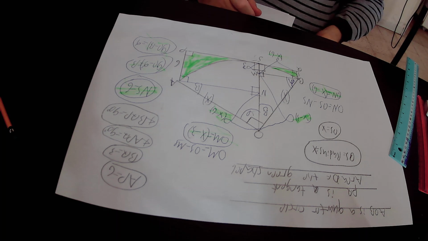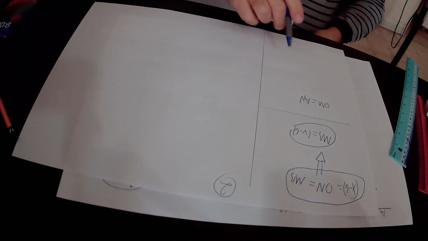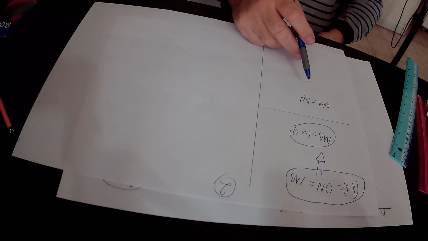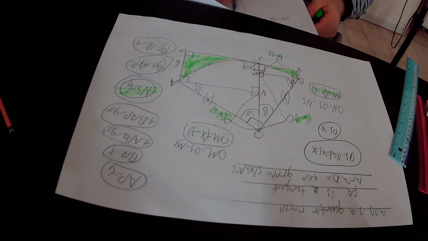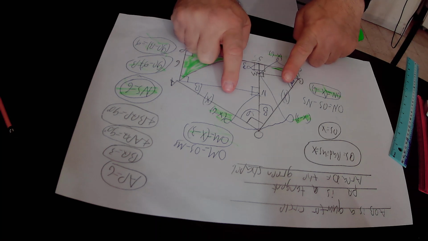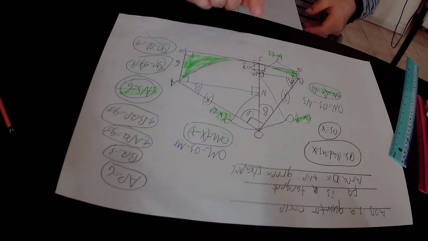Side OM in the right triangle OBM equals side AN in the right triangle OAN. Side OM equals side AN according to the rule that corresponding sides in congruent triangles are equal to each other. Those two triangles can go into each other, therefore the two corresponding sides, that is to say OM and AN, must be also equal to each other.